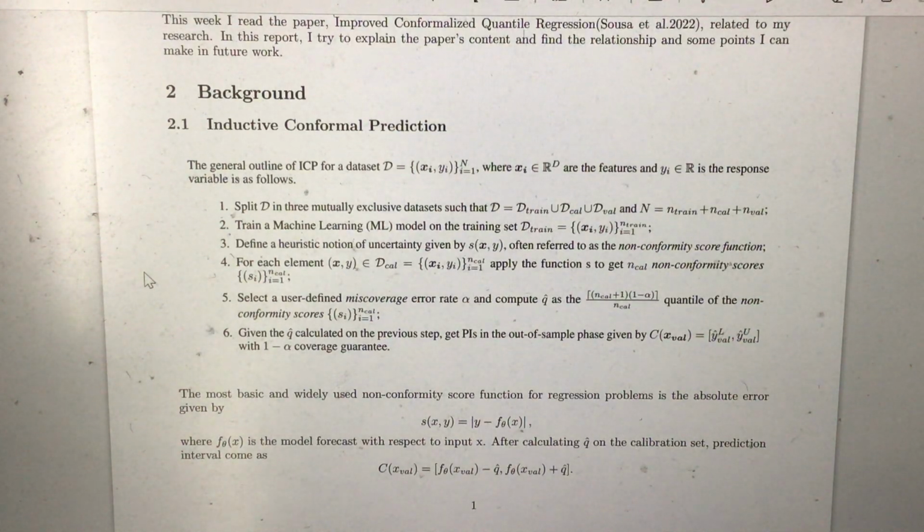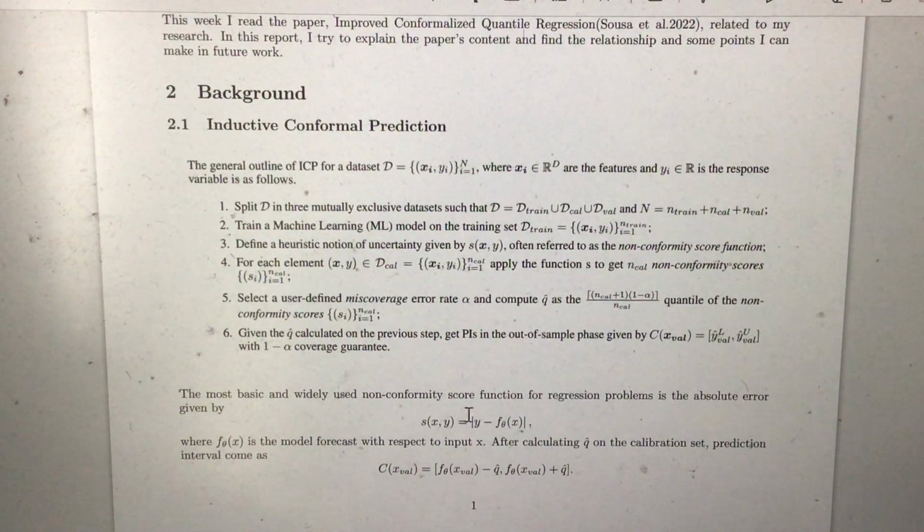Given the Q hat calculated in the previous step, we get the prediction interval for out-of-sample data, given by a lower bound and an upper bound with the 1 minus alpha coverage guarantee.